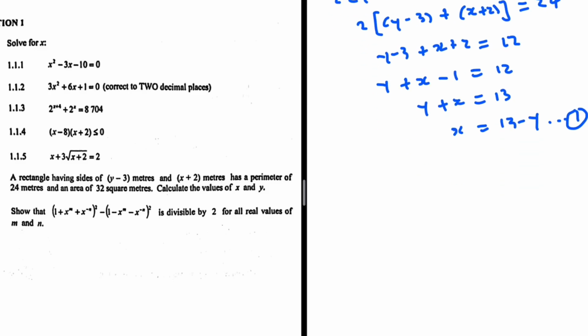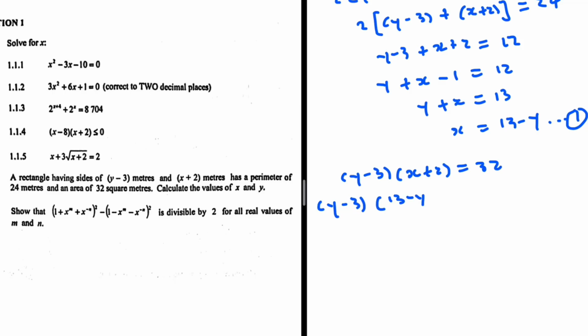We know that the area of a rectangle is length times breadth, right? So we have y minus 3 multiplied by x plus 2 being equal to 32. Alright. So we're going to have y minus 3 multiplied by, in place of x, let's substitute 13 minus y.